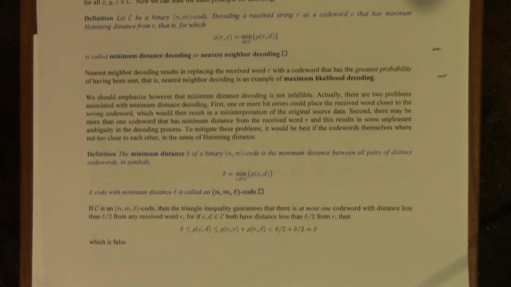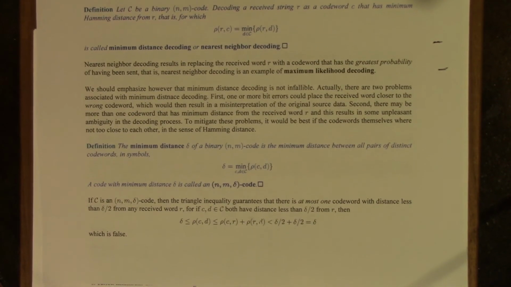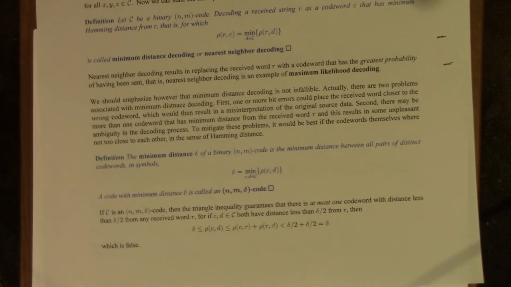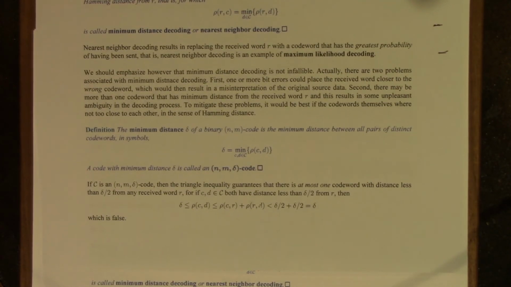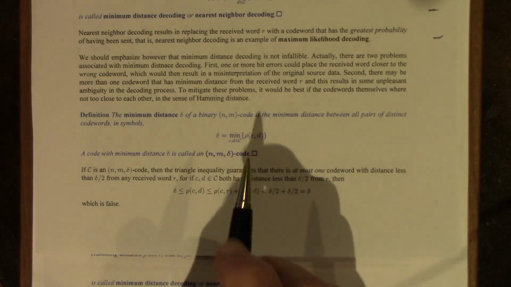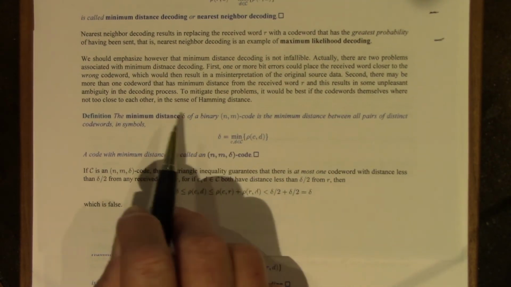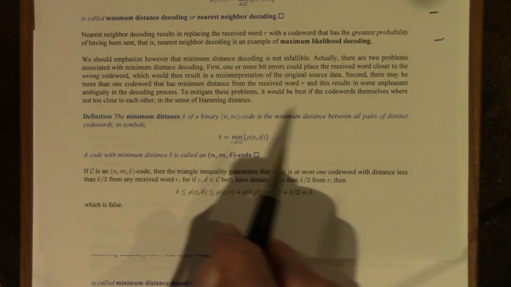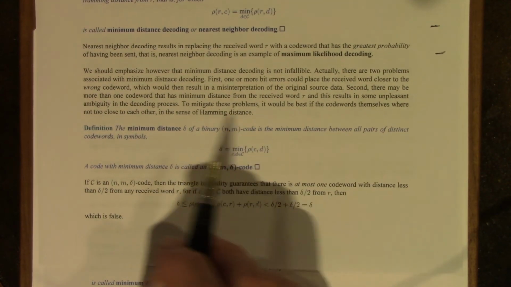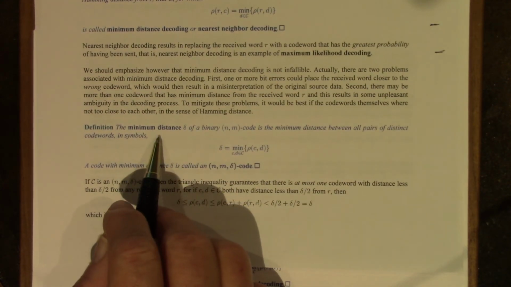To mitigate these problems, it would be best if the code words themselves were not too close to each other, separated as far as possible from each other, to give more space between the code words. And that would be, of course, in the sense of the Hamming distance. So here's the definition.